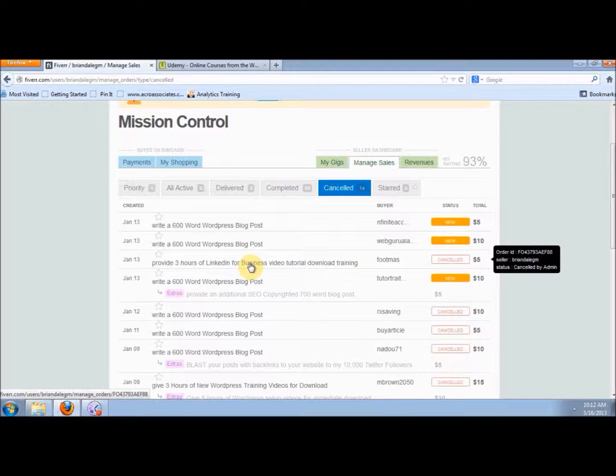We had to cancel some of these orders, and there could be many reasons for canceling an order. One of the first reasons is that the buyer failed to respond to buyer instructions. We will certainly get into what that means in the long run, but the chief reason for canceling orders is people who fail to respond to buyer instructions.